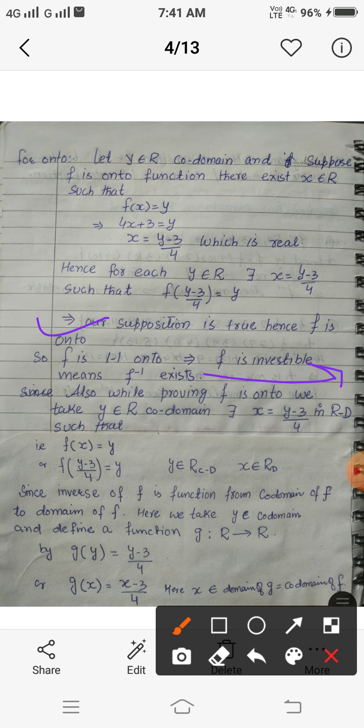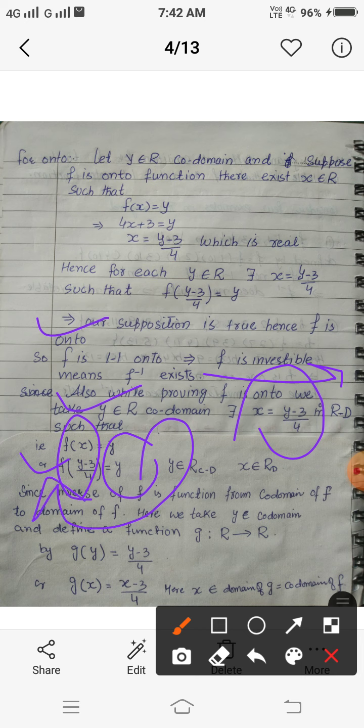Now we have to find f inverse. While proving that f is onto, for each y belonging to the codomain, there exists x of the form (y - 3)/4 in the domain such that f(x) = y, that is, f((y - 3)/4) = y. Now y is in the codomain and x is in the domain. The inverse function, when it exists, maps this y from the codomain to this x in the domain.